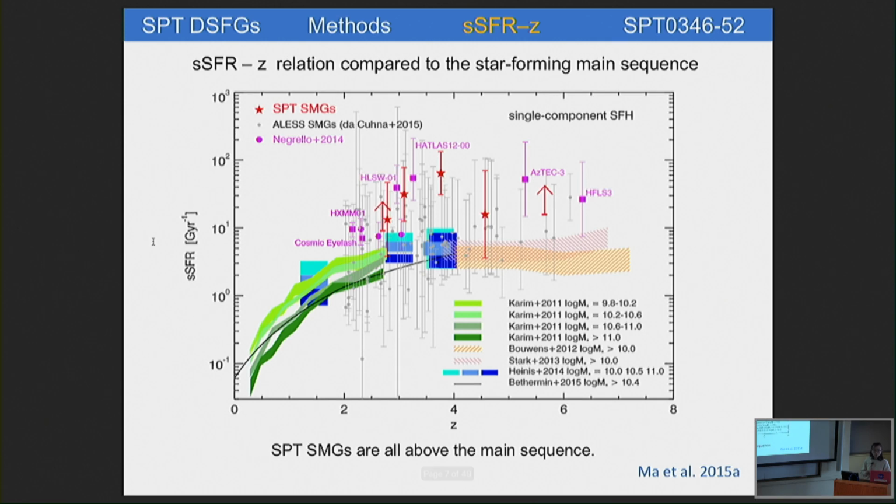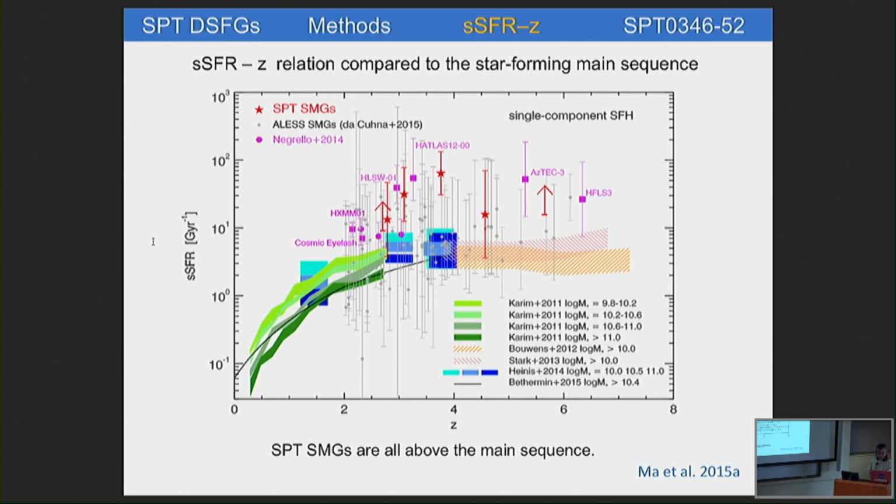I just want to show you one key plot from this study. This is the specific star formation rate as a function of redshift. Compared to the star-forming main sequence, the SPT SMGs, the red ones, are all above the main sequence, suggesting that we're likely witnessing the ongoing strong starburst events that are most likely driven by major mergers.